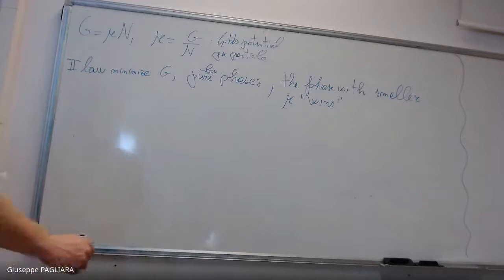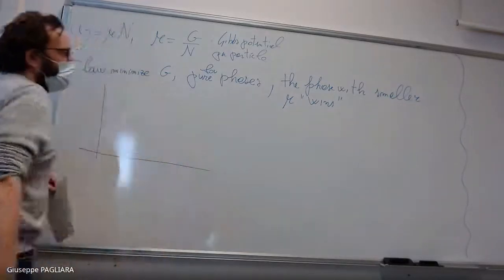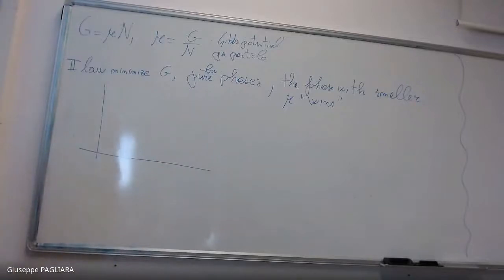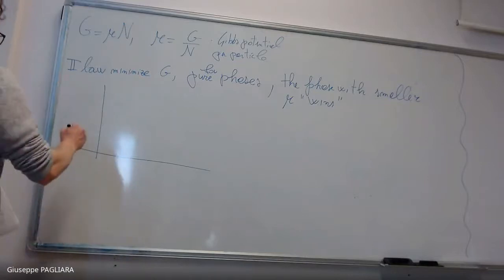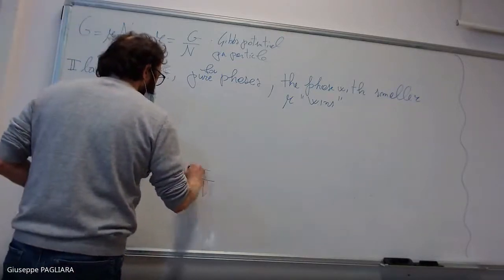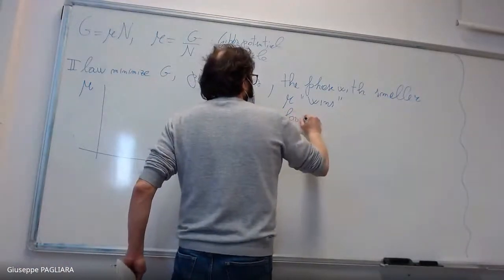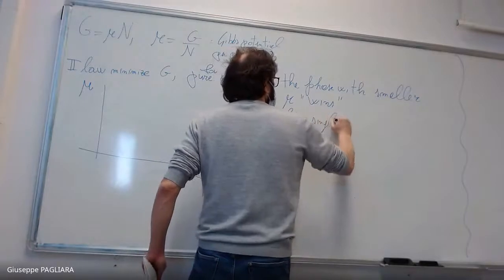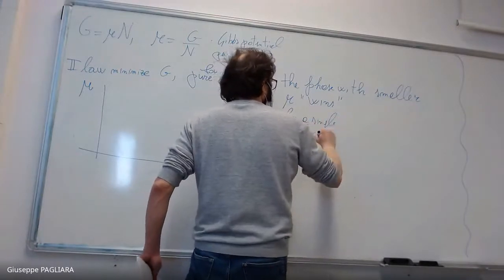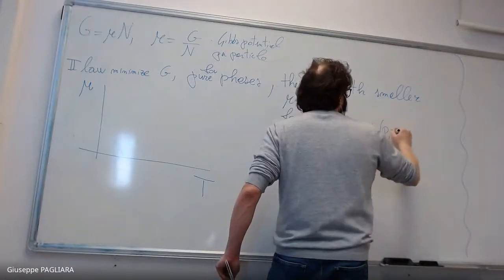Let me be more clear. Now, we have a diagram here that we can make, in which we involve also the chemical potential, the pressure, and the temperature. So this is mu, and this is T. And for a single phase, in general, mu is a function of pressure and temperature.